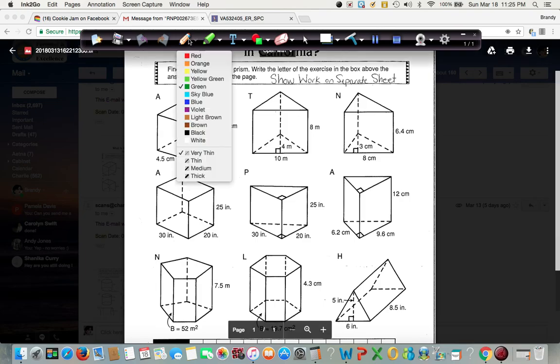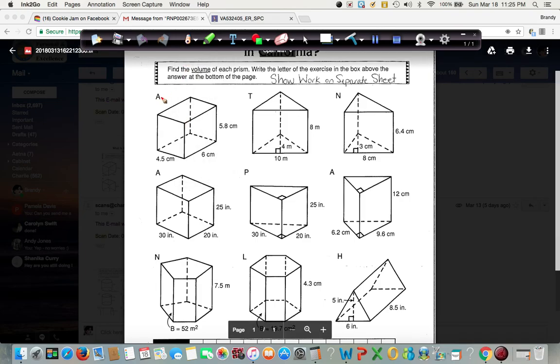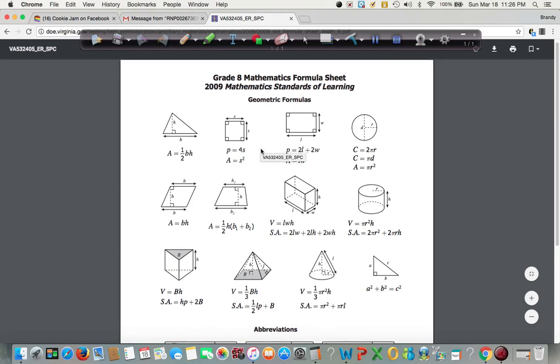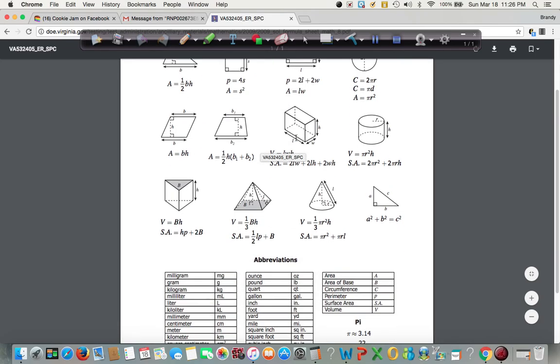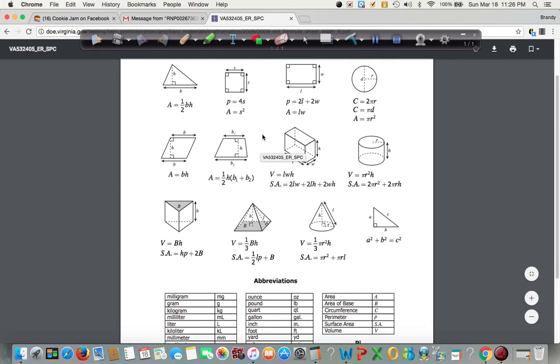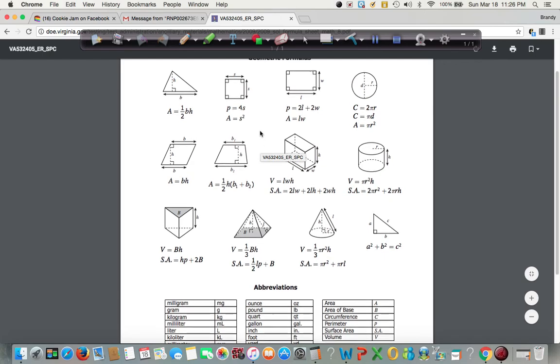We will start with letter A over here. To find the volume of a rectangular prism, we can go to our formula sheet. On our formula sheet, you just want to find the picture that's the same. For example, I'm not going to use any of these two-dimensional figures because I have a three-dimensional problem I'm working on.